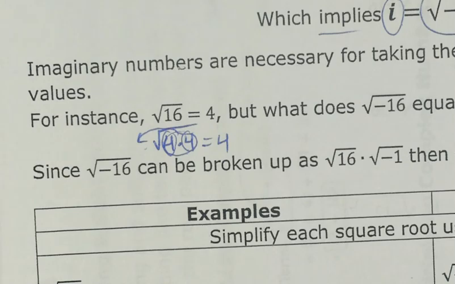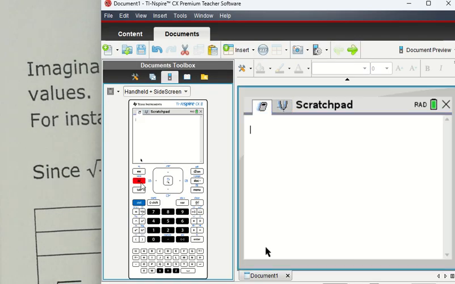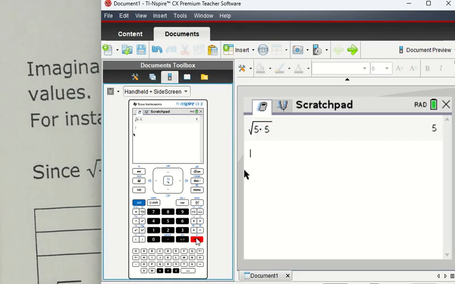And we can see this in the calculator with other examples. For example, if I type the square root of 5 times 5, because the square root is canceling 5 times 5, your answer is 5. We can also write the square root of 5 times 5 as the square root of 5 squared. The square root cancels the squaring, and you're left with 5.